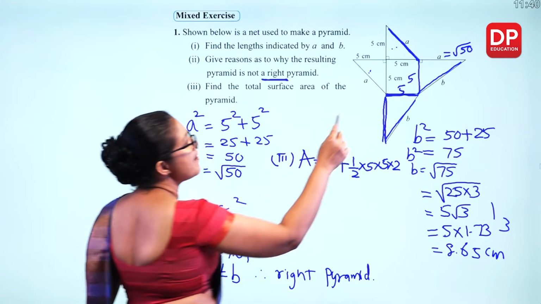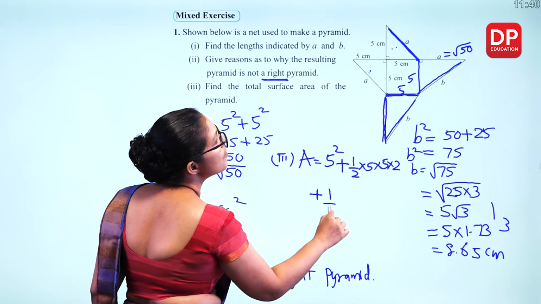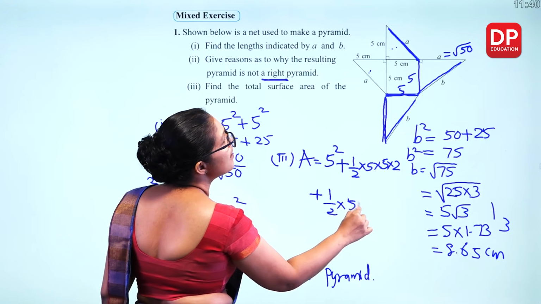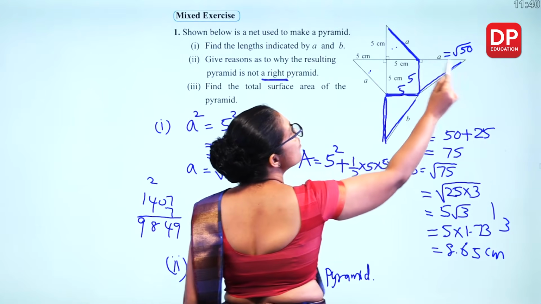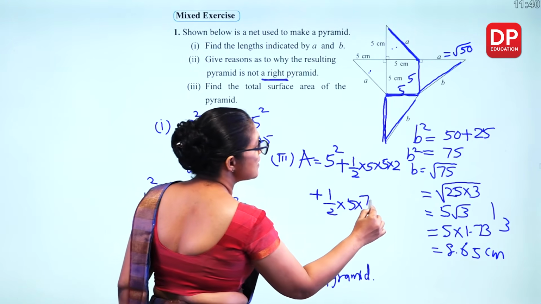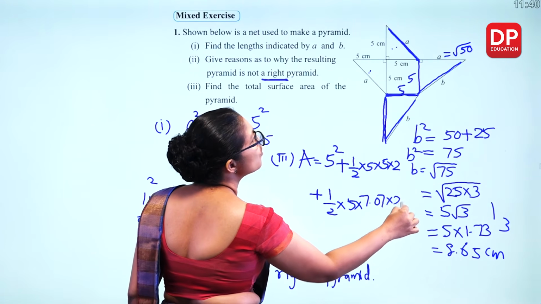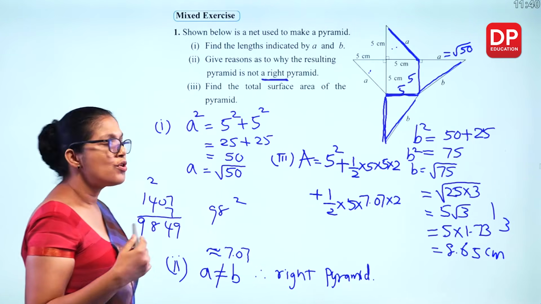Now what's the area of this triangle? Half, base is 5, height is now root 50. Root 50 we found that's 7.07 and then multiply by 2 because you are getting two triangles.